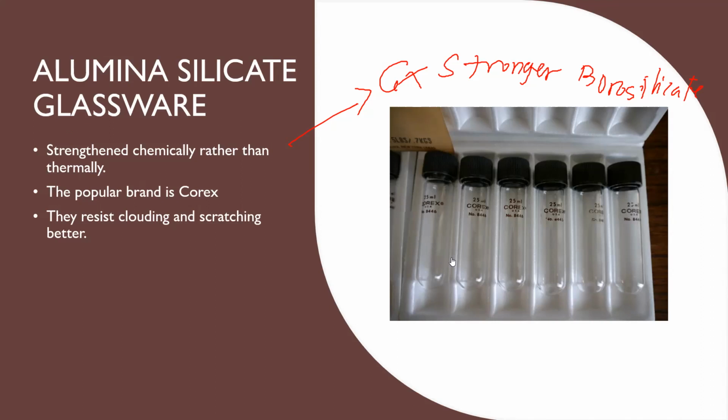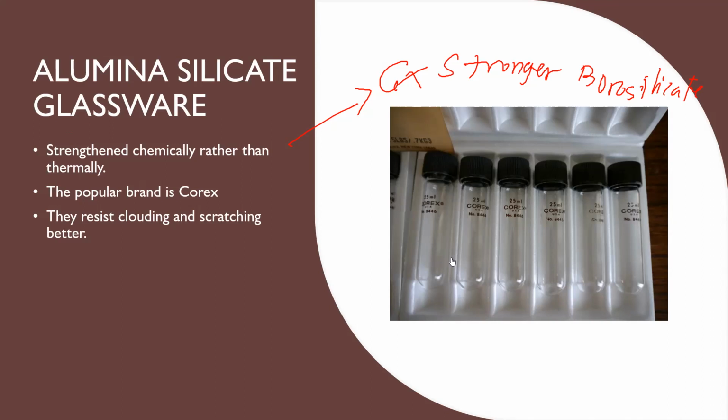of the glassware. Okay, aluminasilicate is stronger 6 times than our borosilicate. And aside from that, it is alkaline resistant. Having said that this is alkaline resistant, therefore, it can be used as the best glassware in handling alkaline solutions.